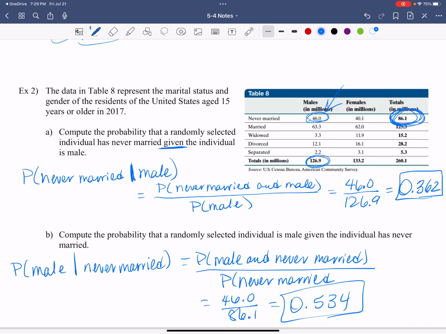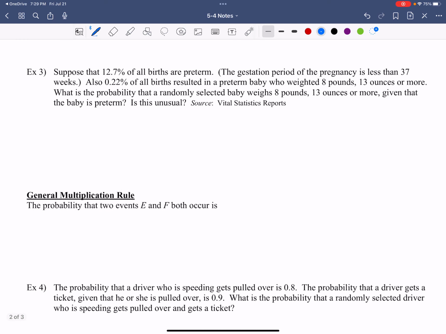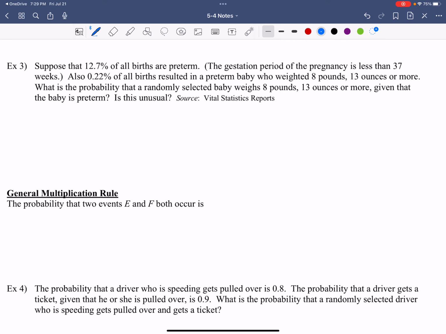Okay. Nice. I want to do one more here. So look at example 3 on the top of the next page. We're going to suppose that 12.7% of all births are preterm. The gestation period of a pregnancy is less than 37 weeks. Also, 0.22% of all births resulted in a preterm baby who weighs 8 pounds, 13 ounces or more.